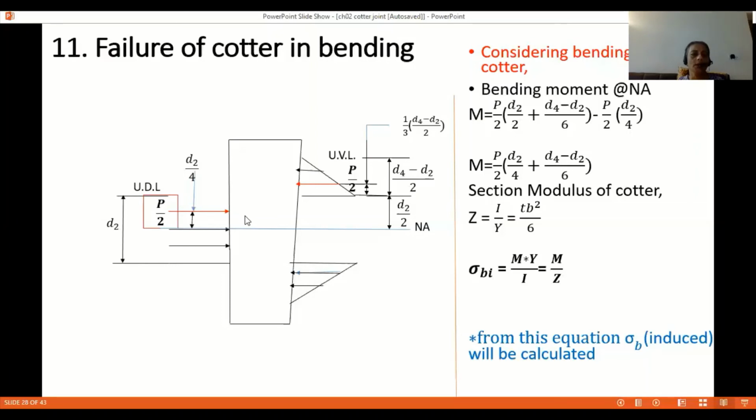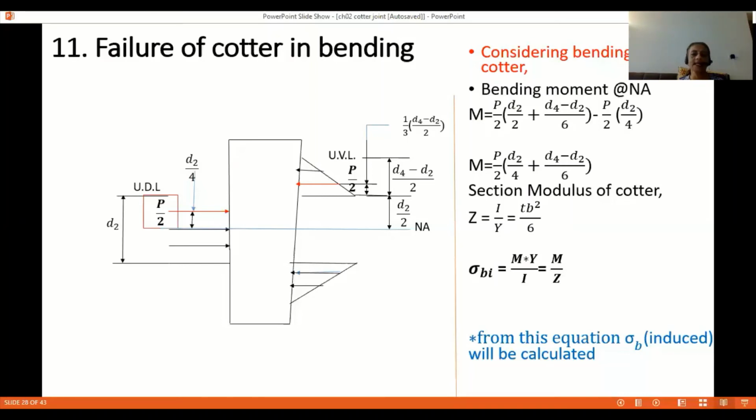Now, what is the moment of inertia of a rectangular section about YY axis? That is TB cube by 12. And Y is the distance of extreme fiber from neutral axis, that will be B by 2.